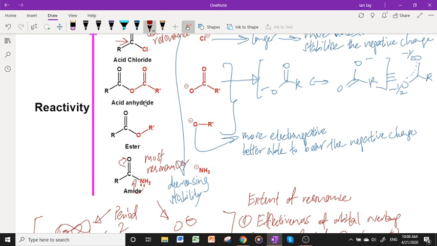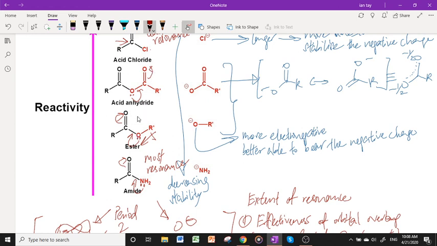And thus, now when you compare the acid anhydride and the ester, we observe that for the ester, there's an electron donating R group, and so this lone pair is more available for delocalization into the C=O bond. And we also observe for the acid anhydride that there are two possible resonance structures, right?